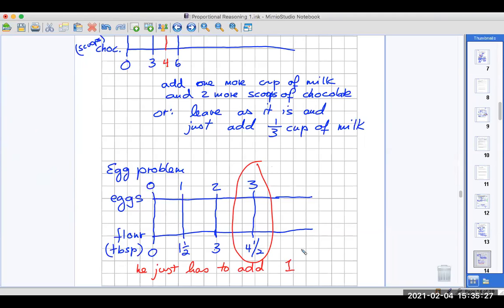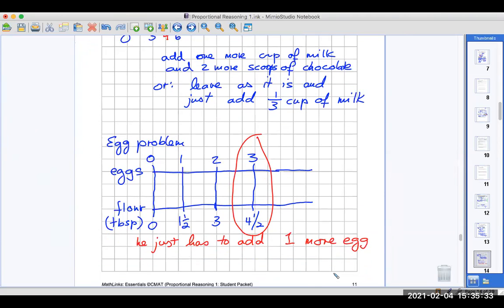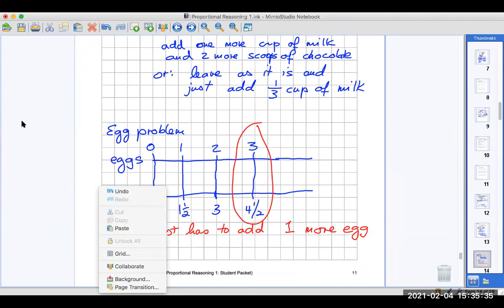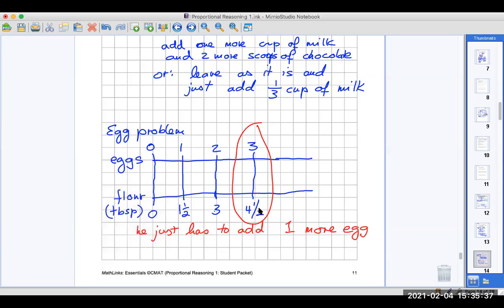He already has 2 in it. And how much more flour? He already has 4 tablespoons, so he has to add a half. And 1/2 tablespoon of flour. Yep. Okay, so that's an example of double number line.